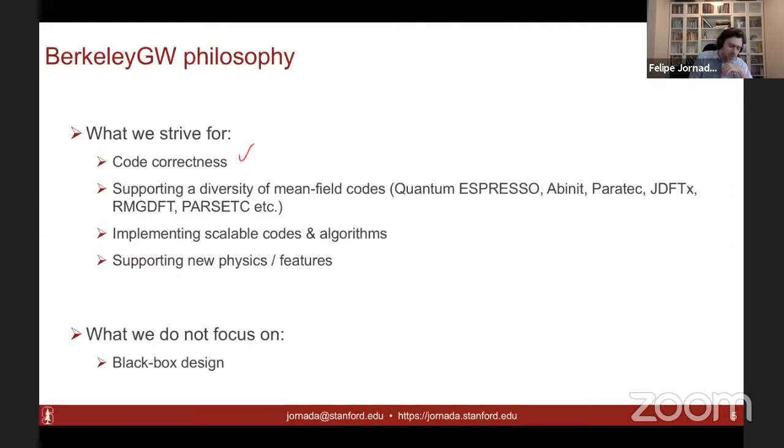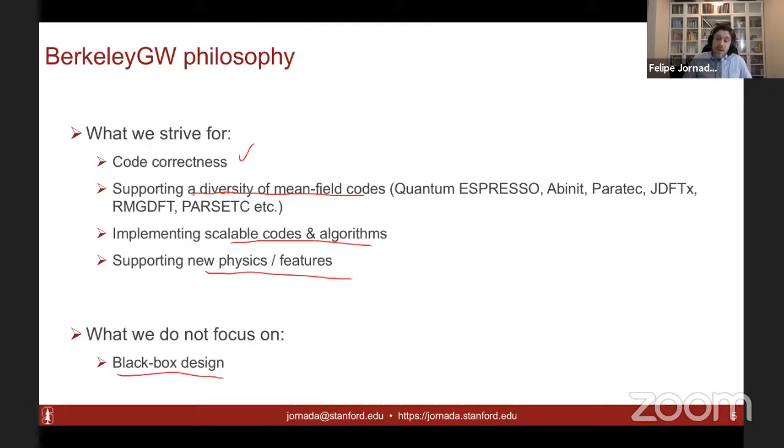We do support, as I mentioned, a diversity of mean-field codes, from Quantum Espresso, Abinit, Paratec, and so on, with an API that other codes can use. We also strive for implementing scalable codes and algorithms, and also, as much as possible, new physics and features. But something that we do not focus on is having a black box design.